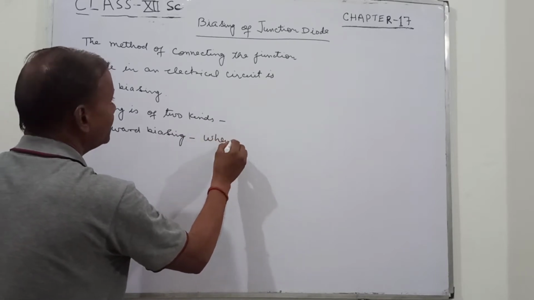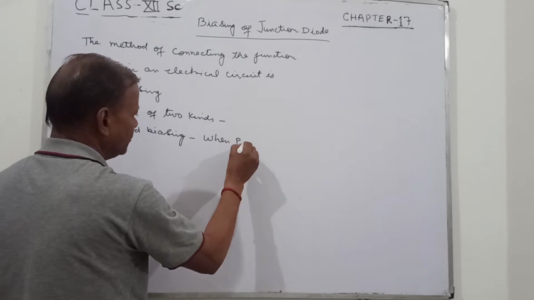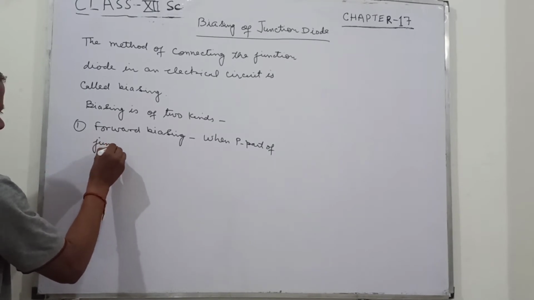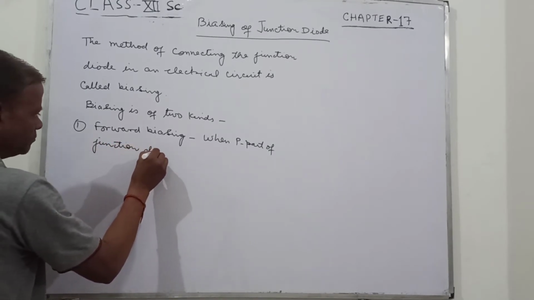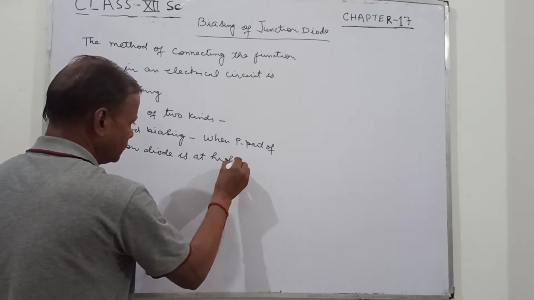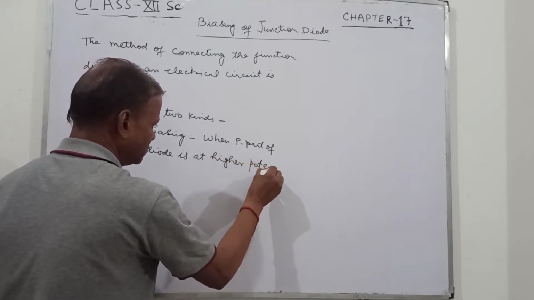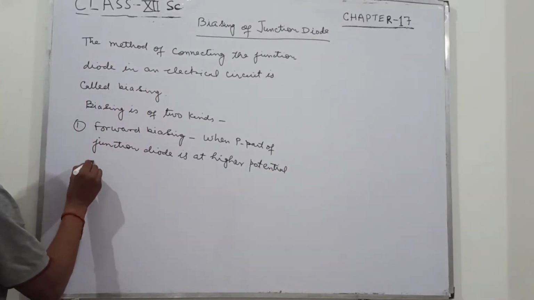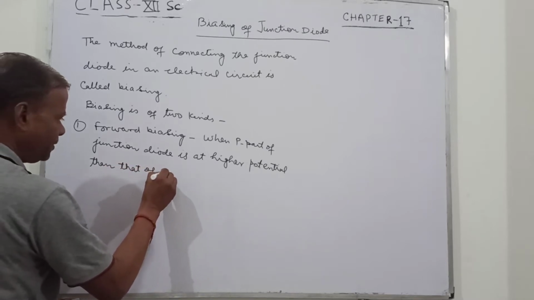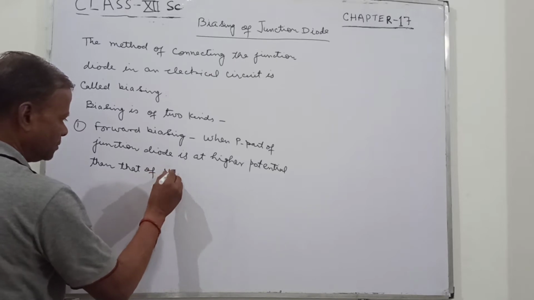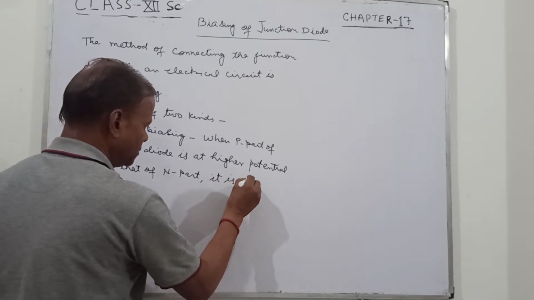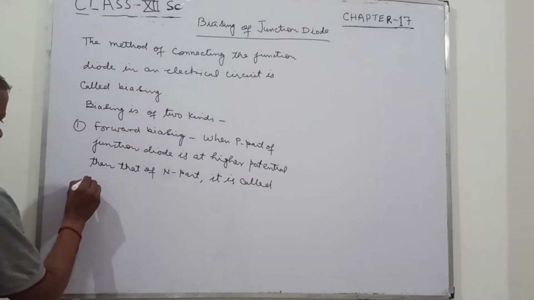When the P part of the junction diode is at a higher potential than the N part, it is called forward biasing.